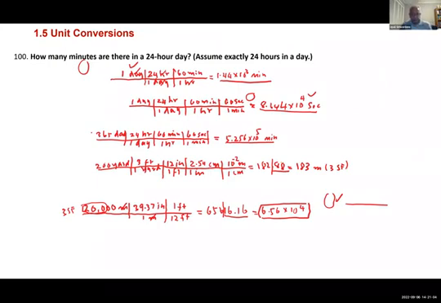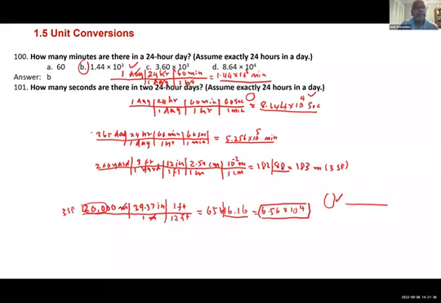Now we do a series of unit conversions from a 24-hour day. Assume exactly 24 hours a day. One day has 24 hours. Then hours to minutes, that's 1,440. That's the factor label method. That's how we get the conversions.